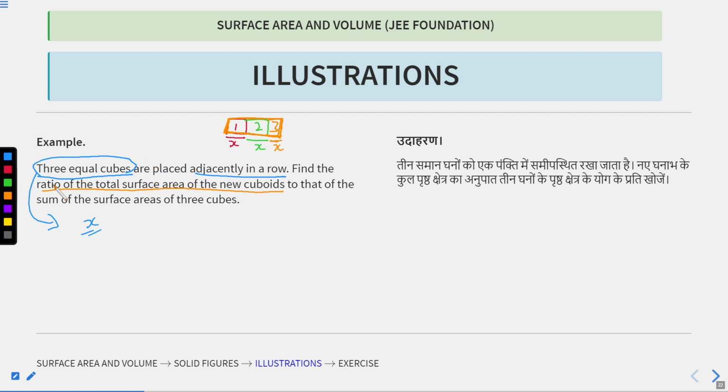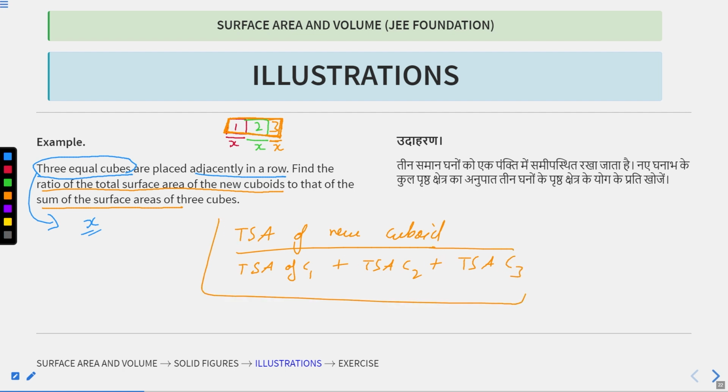Now we have to find the ratio of the total surface area of the new cuboid divided by the sum of the surface areas of the three cubes, that is total surface area of cube 1 plus cube 2 plus cube 3. We have to find out this form.